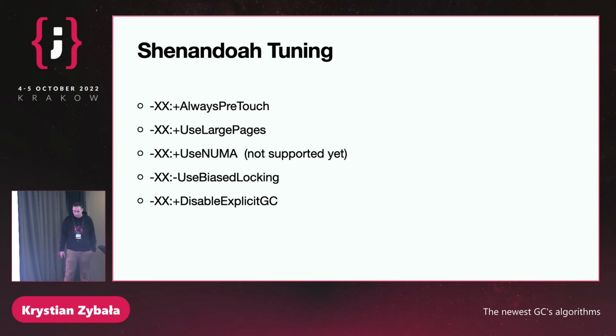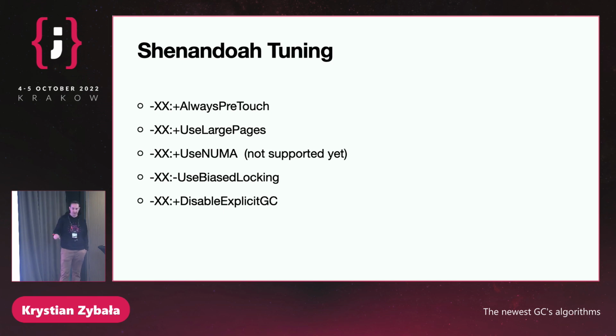So yes, you don't have to care about it, but sometimes you have to enable additional flags. It's recommended by Red Hat. You should always pre-touch your heap and use large pages. NUMA is not supported explicitly by Shenandoah, but this flag enables additional flags in the JVM, and it's very helpful for Shenandoah. Of course, we have to disable biased locking.